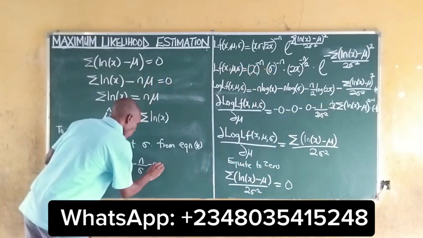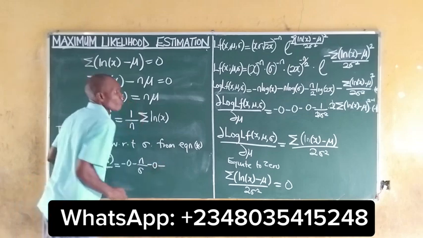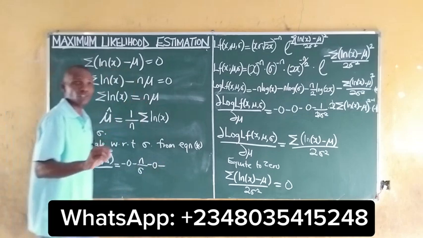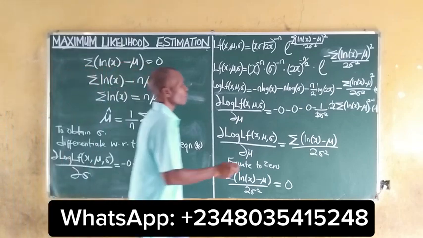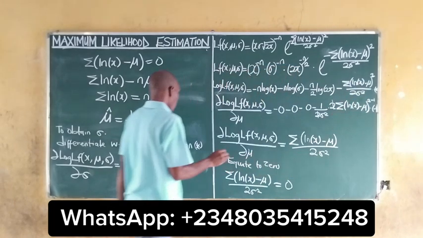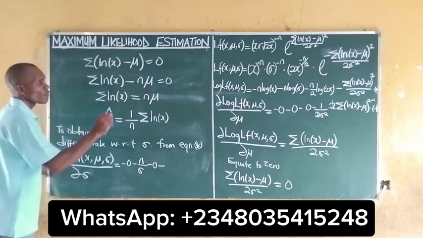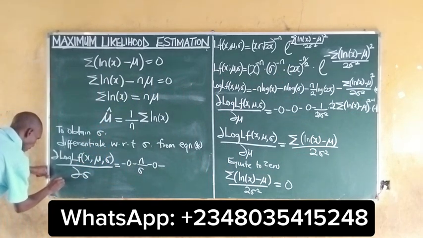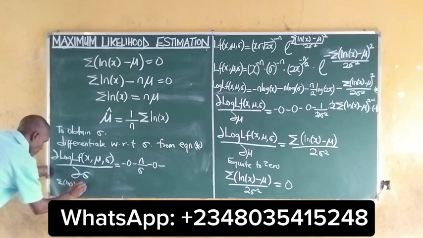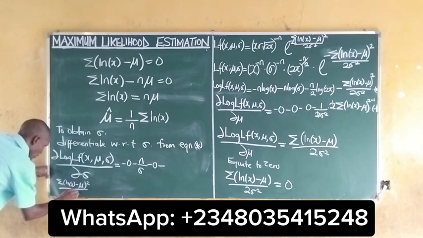We also have this here. If we differentiate that function, it's quite simple, but we use what is called the quotient rule of differentiation, because a function here is dividing another function. First, we write what we are differentiating, which is the summation of (x minus mean) raised to the power of 2 all over 2 sigma squared.